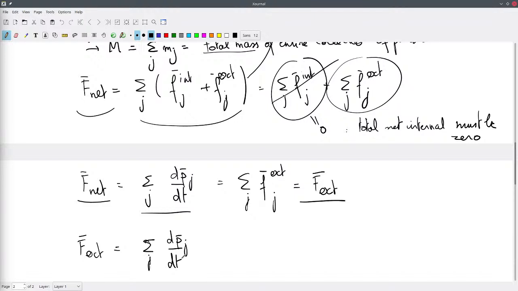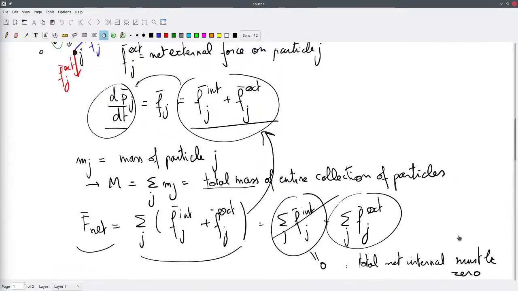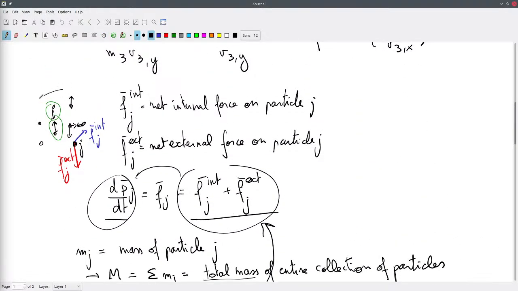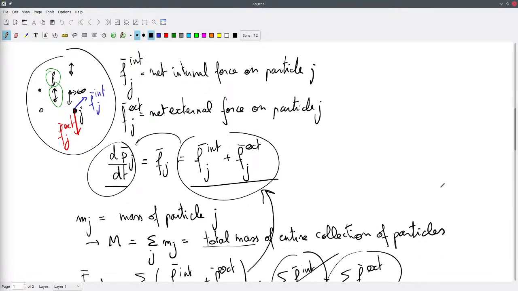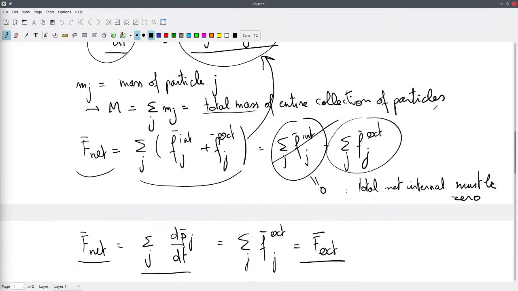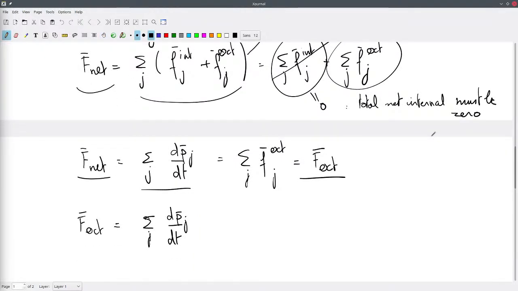So what we've done here is, for our collection of particles where there's internal and external forces, we've been able to write down how the momenta of those particles change based on the external forces only. The internal forces do not affect how those particles move with respect to each other in this sum.